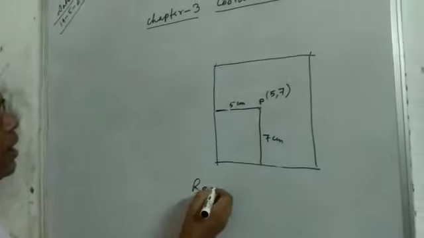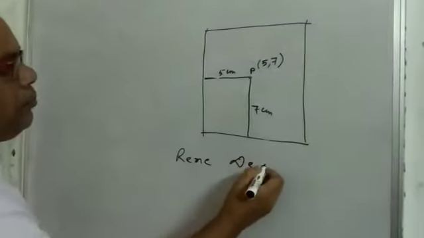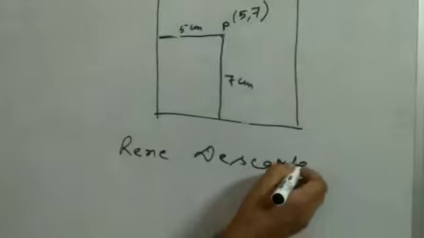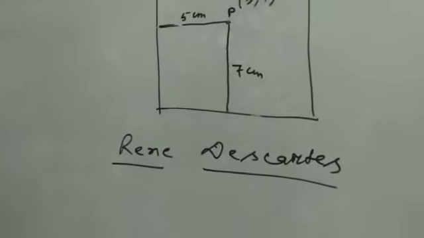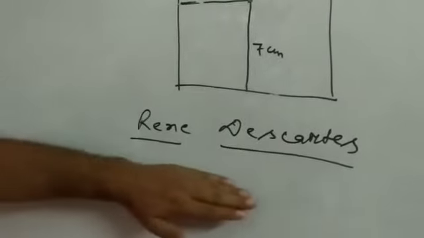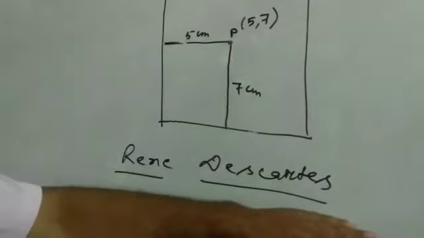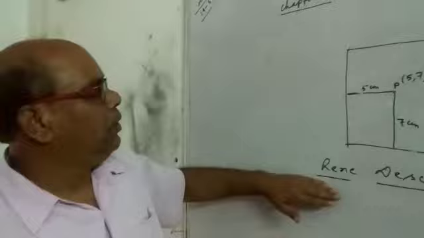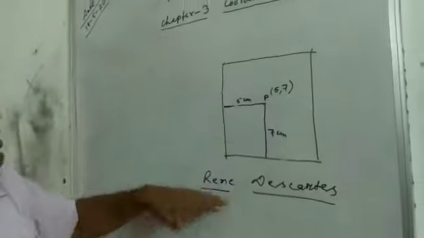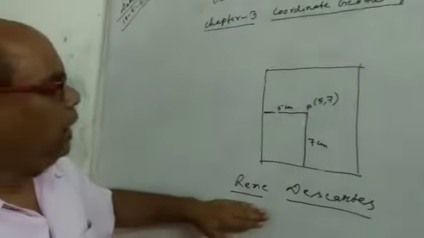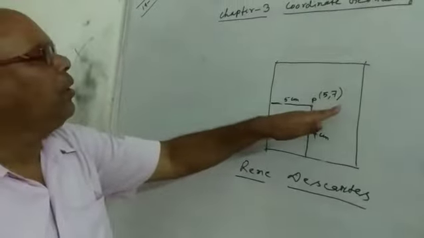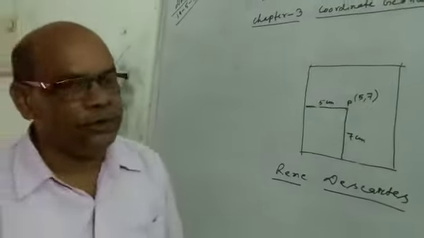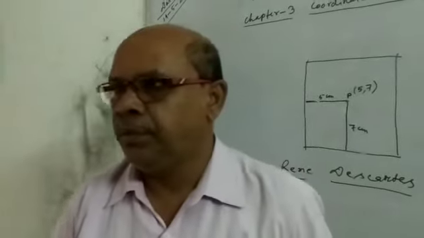René Descartes was a French philosopher and mathematician in the 17th century. He developed many things in coordinate geometry, and he first gave the idea to find the position of a point with respect to latitude and longitude.